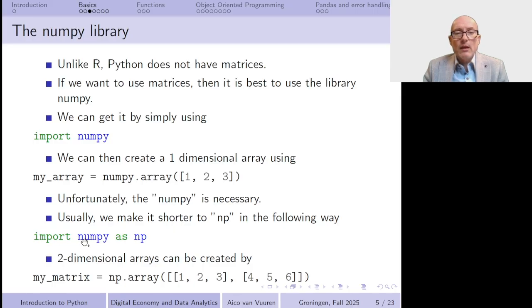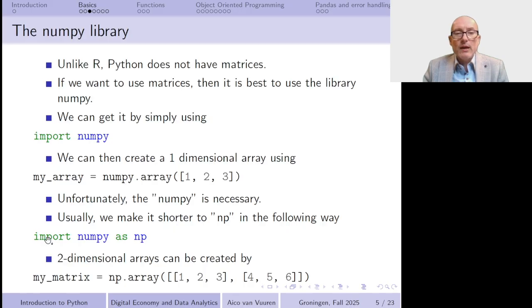Instead of using numpy, we can also use np, but then we have to introduce another kind of import. Instead of this import that we have over here, we are going to have import numpy as np. This is what you actually find in many Python programs, that from that moment onwards, we can use np instead of this numpy that we have over here.